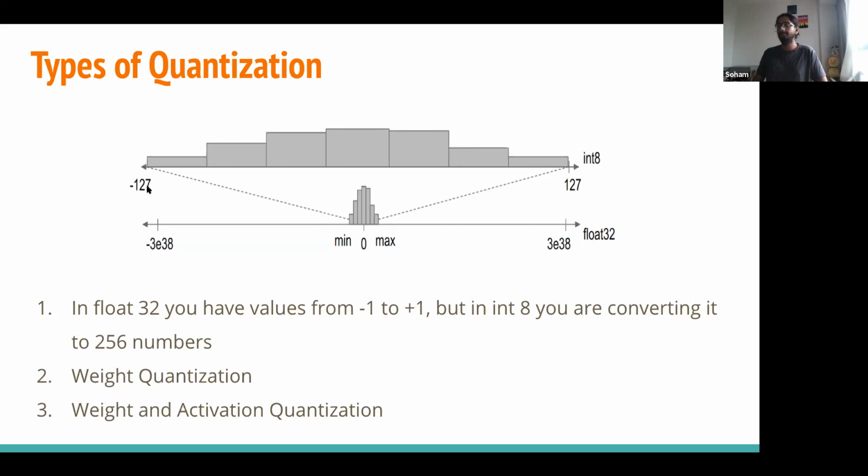The range of int8 is -128 to +127, but we usually ignore the last value so that our range is the same on both the negative and the positive end. If we took it till 128, we would have one extra value on one side, and that doesn't work that well.